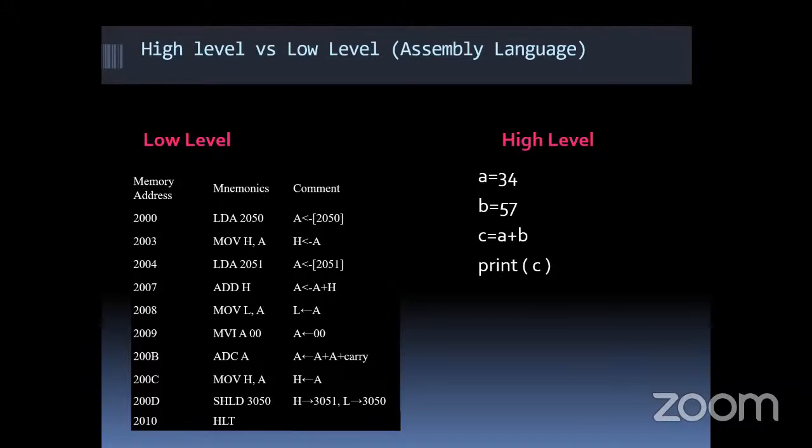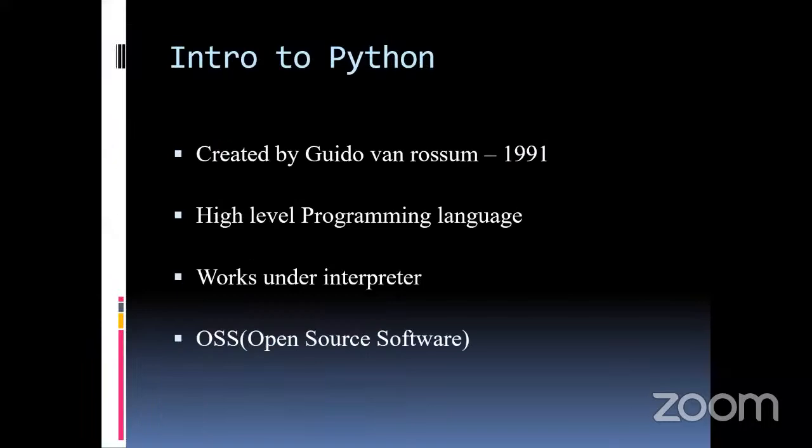The next question is how the computer will understand this language. We have simplified the language for our convenience, but I told you that any language should be convenient for both sides. For this, they designed one more thing. It works under an interpreter. What will this interpreter do?